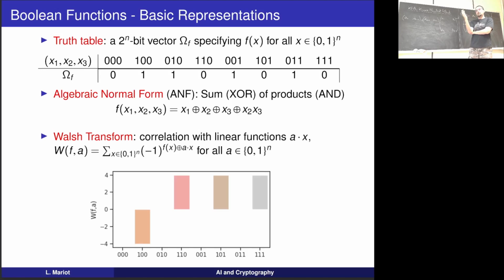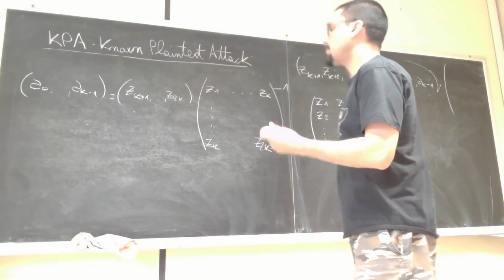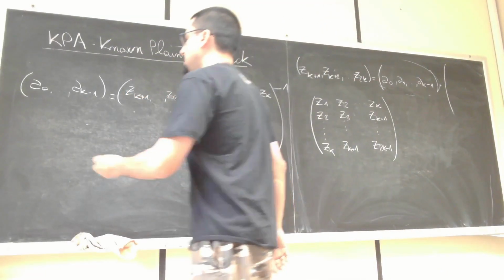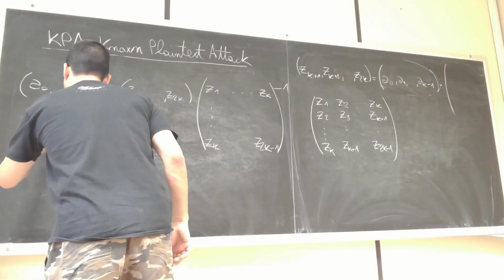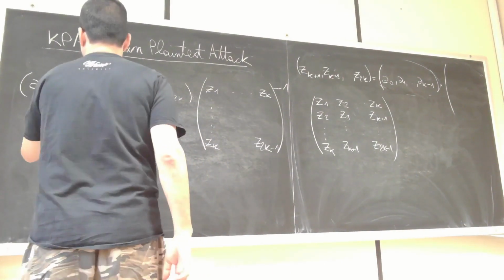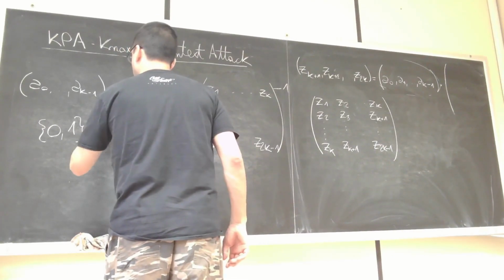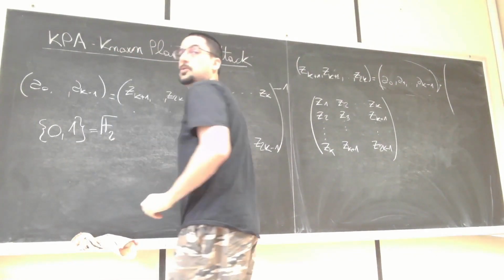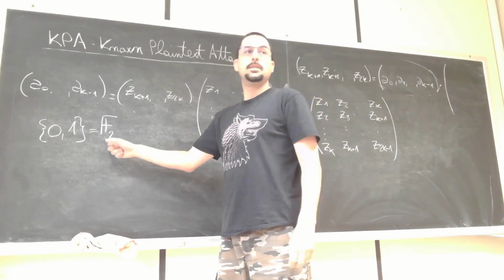A second common representation that is used in cryptography and coding theory for Boolean functions is the so-called algebraic normal form. So this is basically a sum where the sum is an XOR of products, where the products are AND. So the idea is that here we are considering the set {0, 1} as a finite field. It is usually denoted with this symbol here.